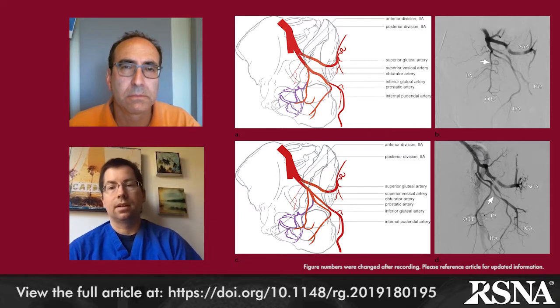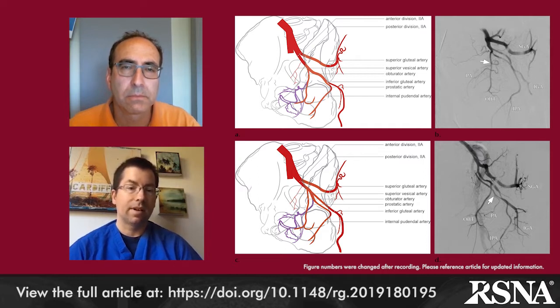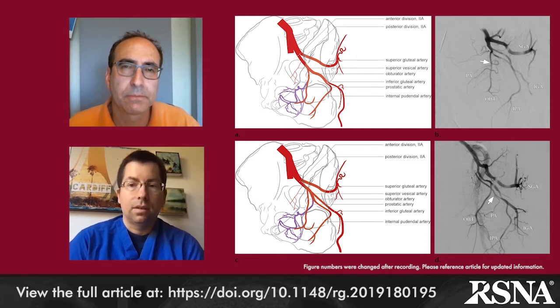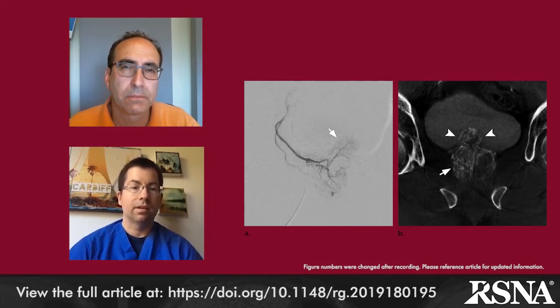And that is determined based on the anastomoses and collaterals that are seen during the procedure. Important anastomoses to identify include the middle rectal artery and the accessory internal pudendal arteries. These are thought to be present in a large number of patients, likely at least 30 to 40% of cases. The middle rectal arteries can arise from the prostatic artery itself, and they course in a posterior vertical orientation to supply the rectal wall.